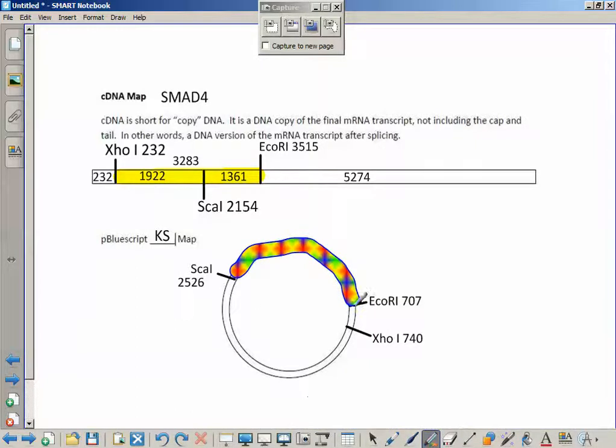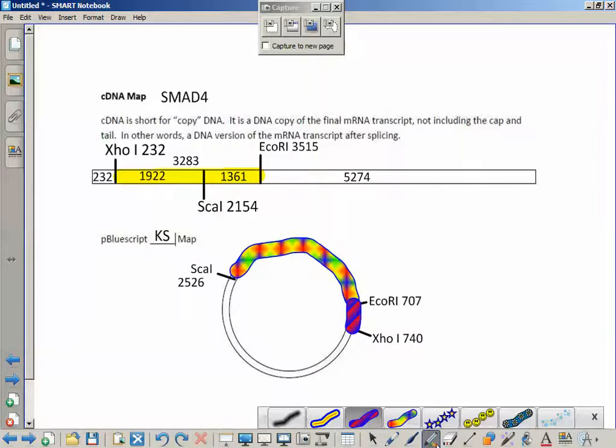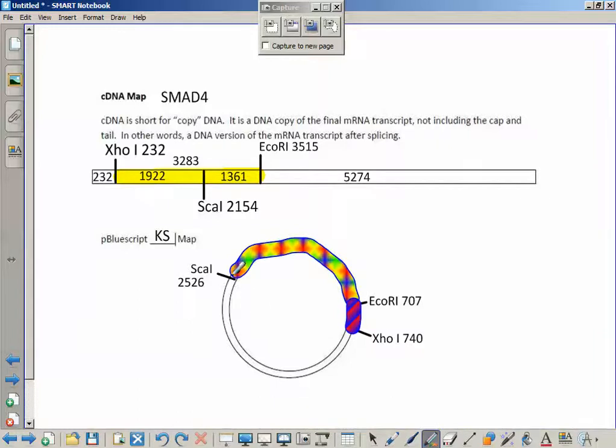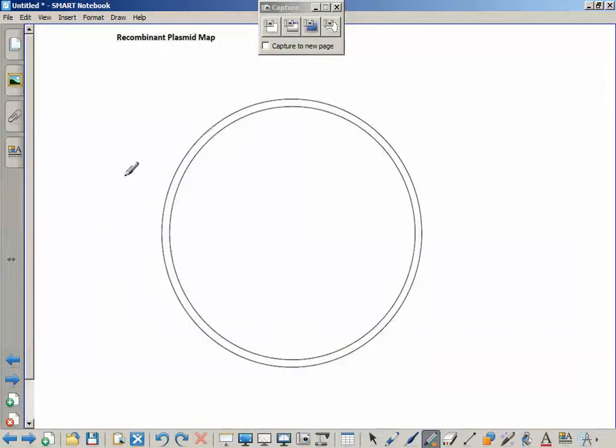This little chunk here is going to be removed because that's where we're going to splice our gene in. Okay, so we need to figure out each fragment length, and we're going to use those fragment lengths to piece the entire thing together in our recombinant map.